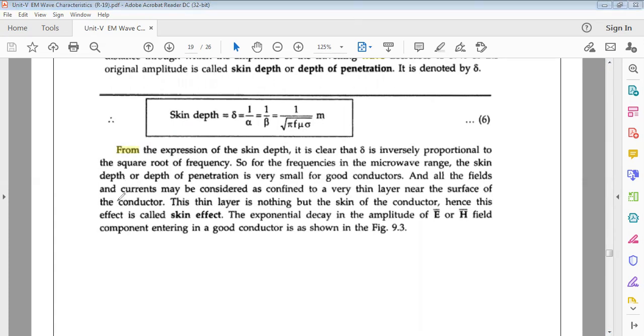All the fields and currents may be considered as confined to a very thin layer near the surface of the conductor. This thin layer is the skin of the conductor, hence this effect is called the skin effect. The exponential decay of the amplitudes of the E or H component entering a good conductor is shown in the figure below.